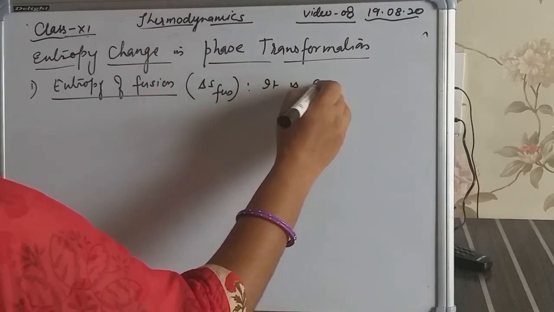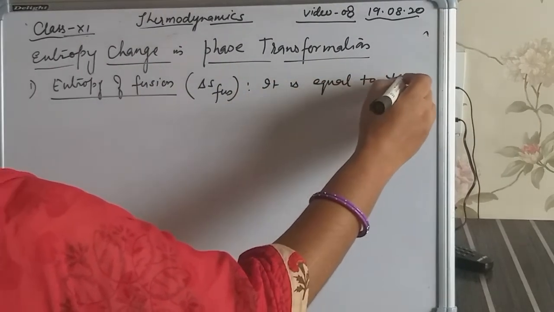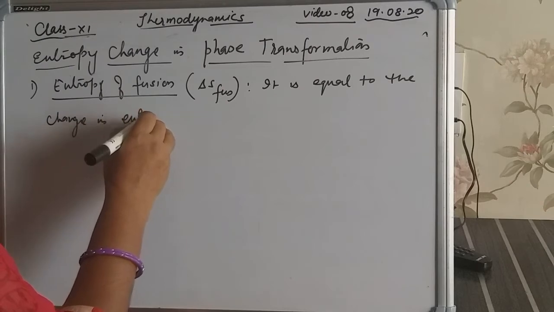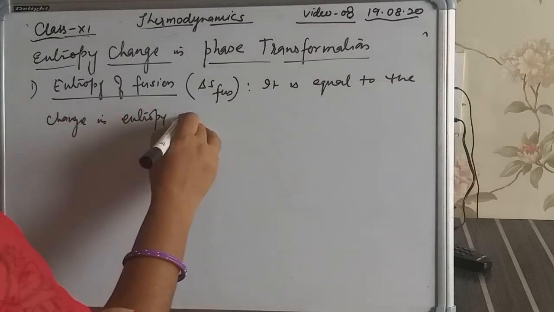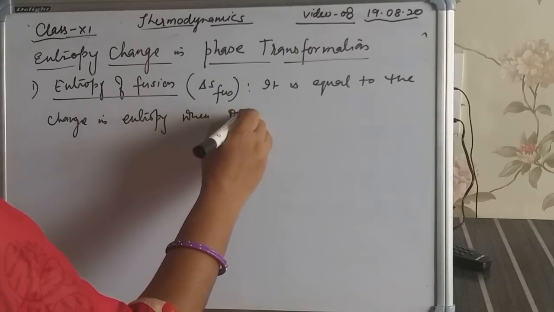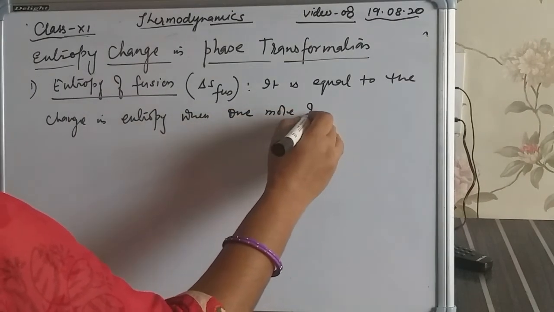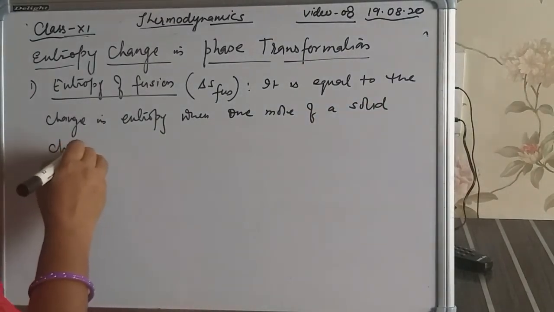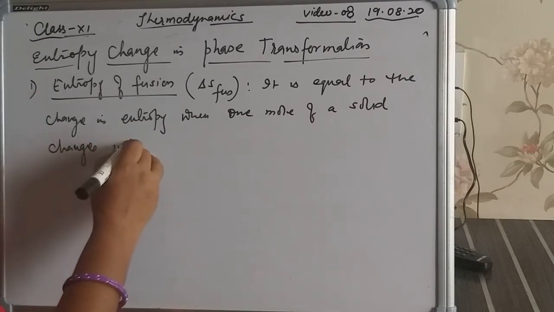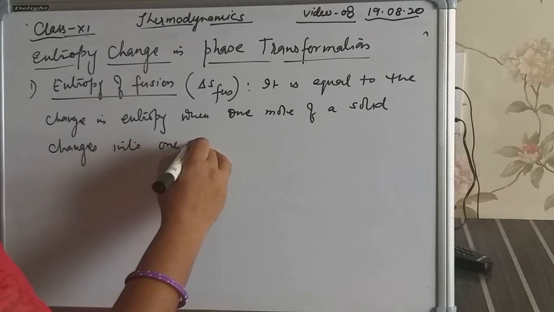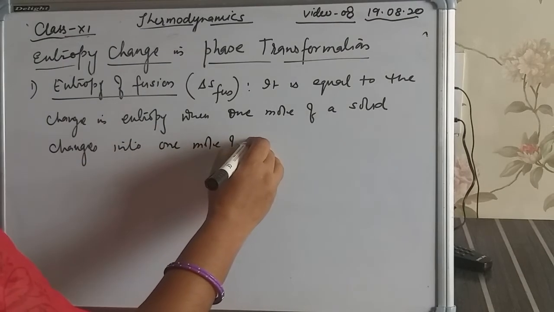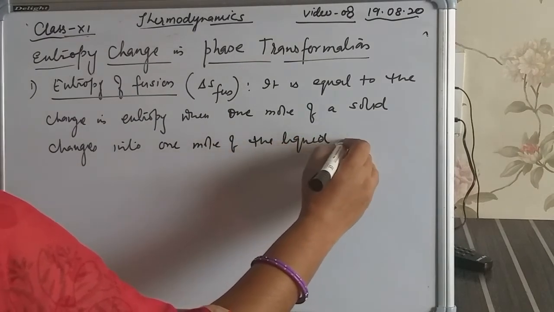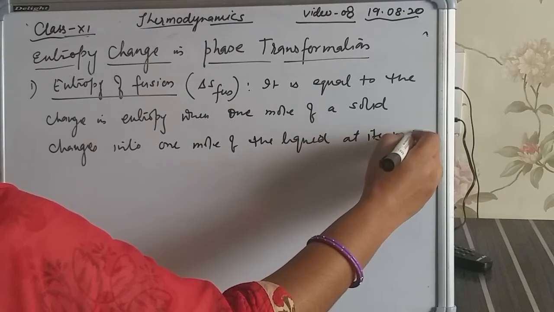It is equal to the change in entropy when 1 mole of a solid changes into 1 mole of the liquid at its melting point.